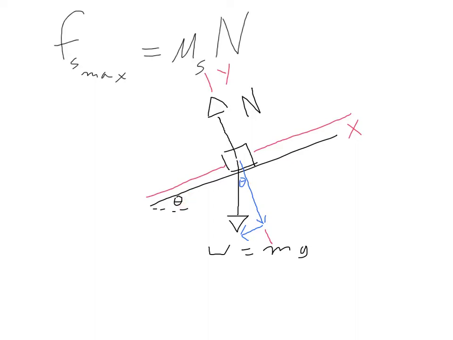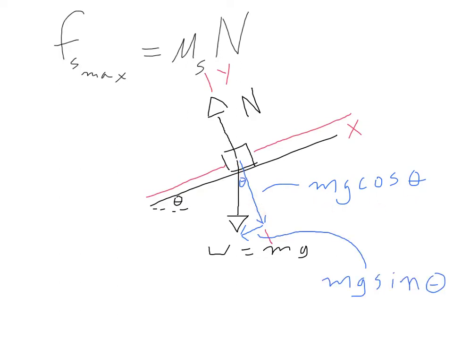Those are congruent angles. And that means that this adjacent vector component is mg cosine theta, and this opposite side is mg sine theta. That's just using vector components. If we know that angle theta, the opposite side is mg sine theta, the adjacent side is mg cosine theta.